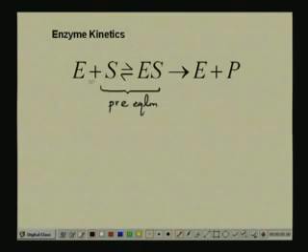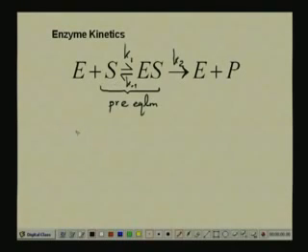Now, the first reaction that we have here is a pre-equilibrium, which means it has a forward rate constant and a backward rate constant, right? If we consider the forward rate constant to be small k1 and the reverse rate constant to be small k minus 1, and this to be k2, then we have our enzyme plus substrate.